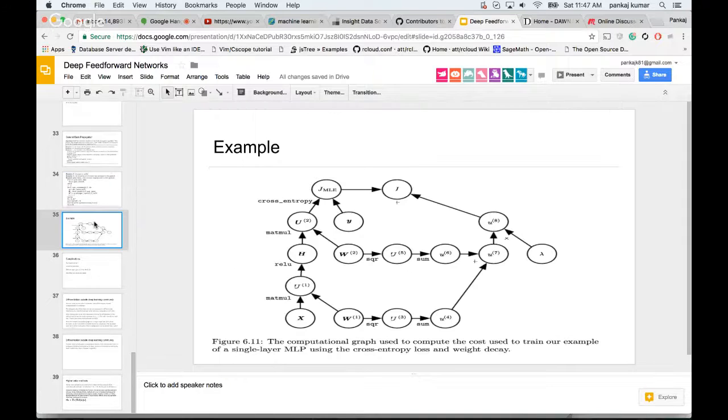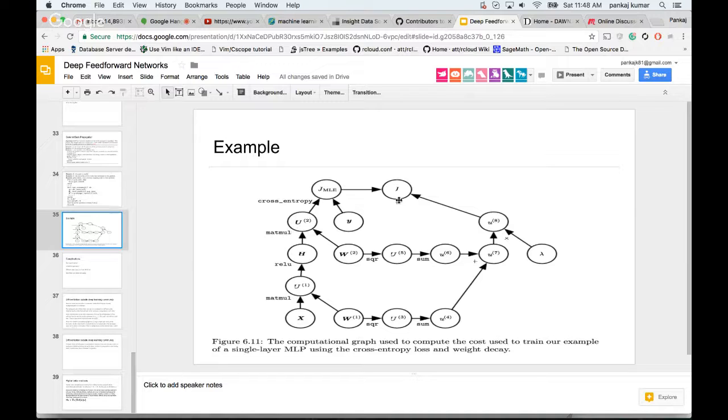Okay, so I'll just go through this. This is a nice example. This is a full neural net computation graph.